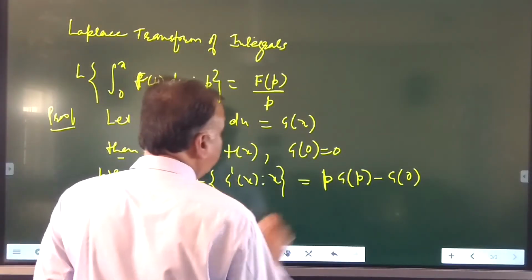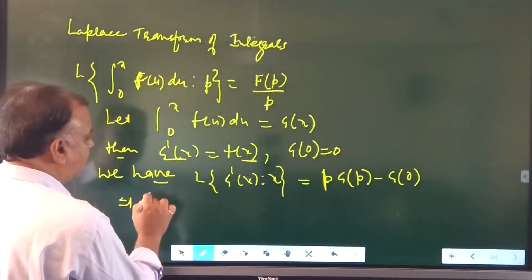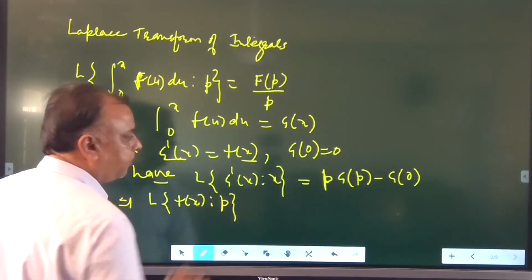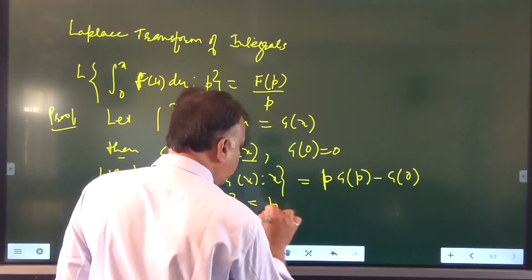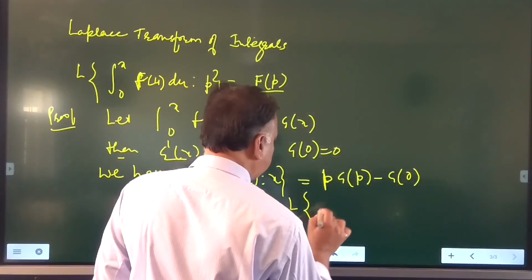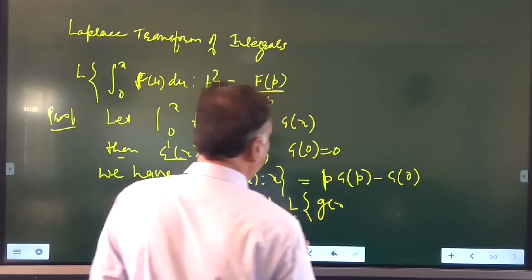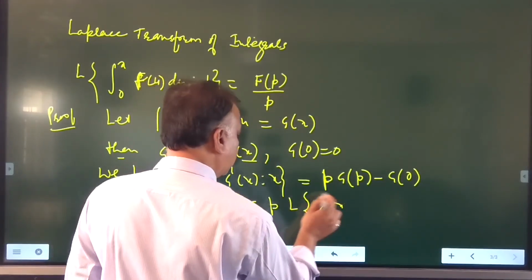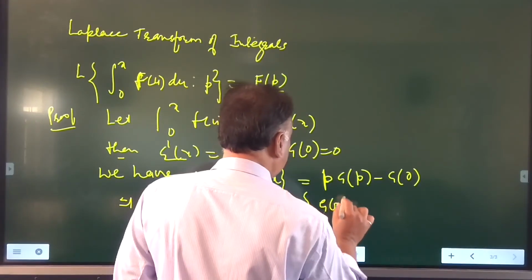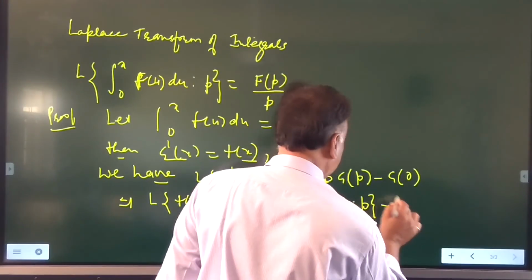As we know that g'(x) is equal to f(x), putting these values, the Laplace transformation of f(x) with respect to parameter p is equal to pG(p) minus g(0). Here g(0) is 0.